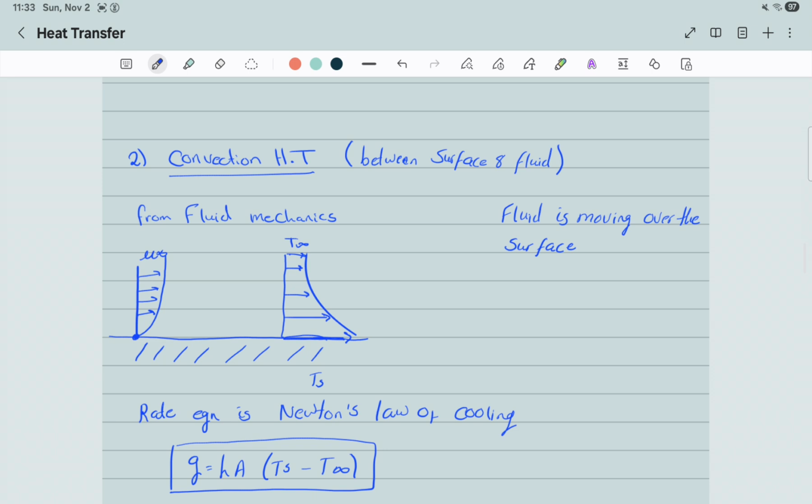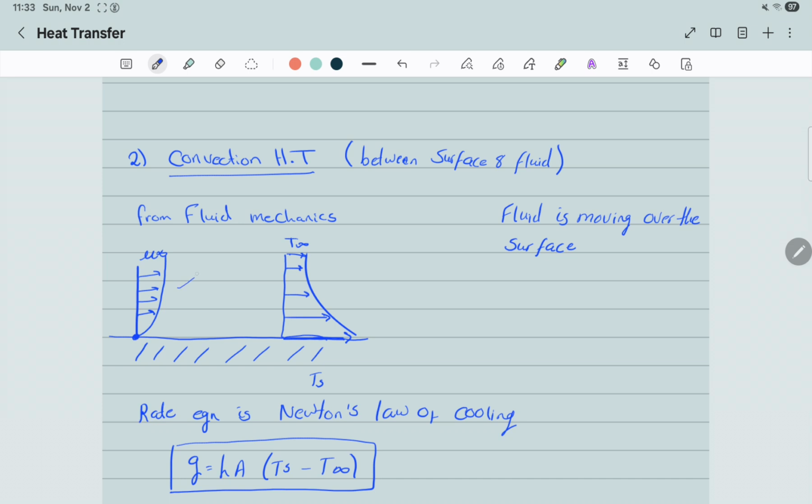Now the second mode of heat transfer is convection. In convection, heat transfers between a surface and a fluid. In order to understand the heat transfer in convection, you need to have a background in fluid mechanics.